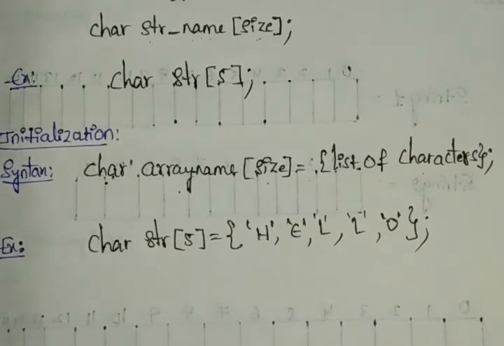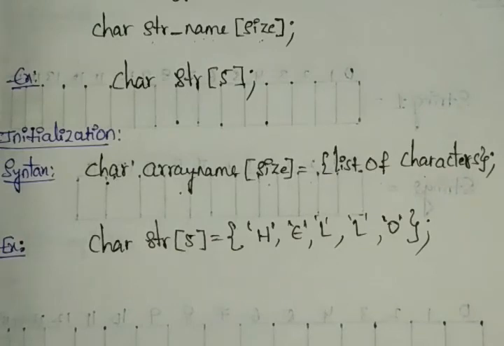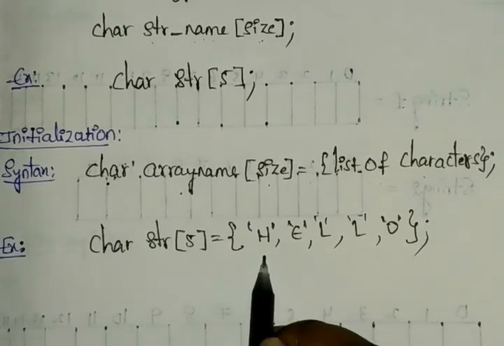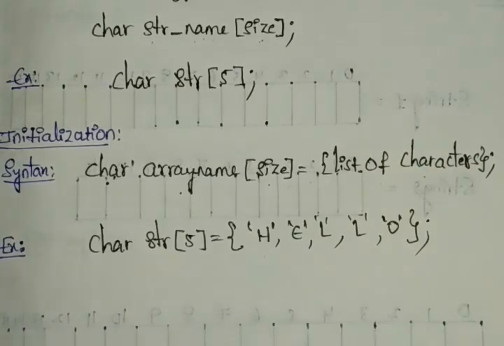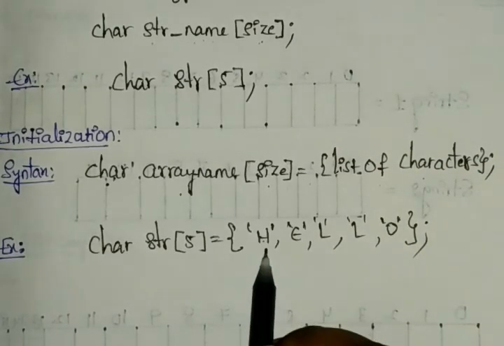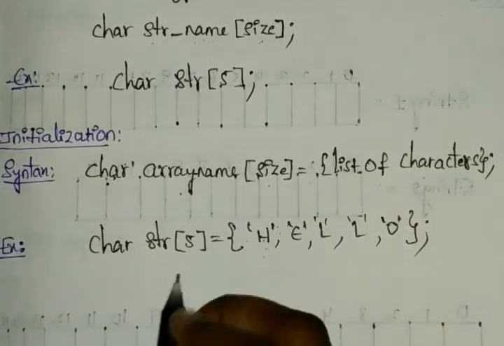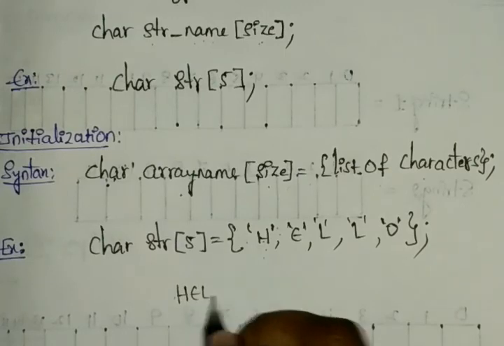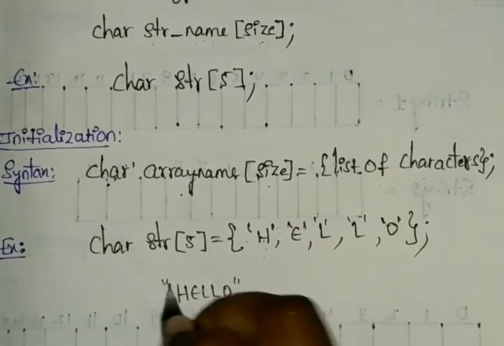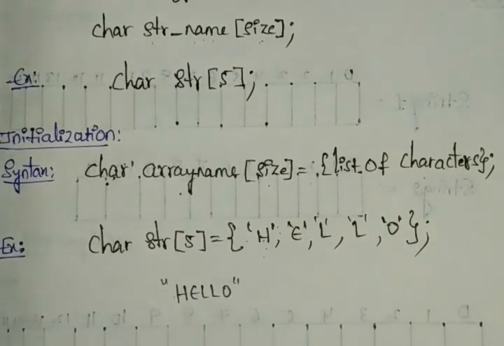Here you're defining the string by using characters, and each character is placed within single quotes. If you write it as a string, it will have double quotation marks. Like this we can work with strings. Strings are also called character arrays, because the string is defined by the character data type.